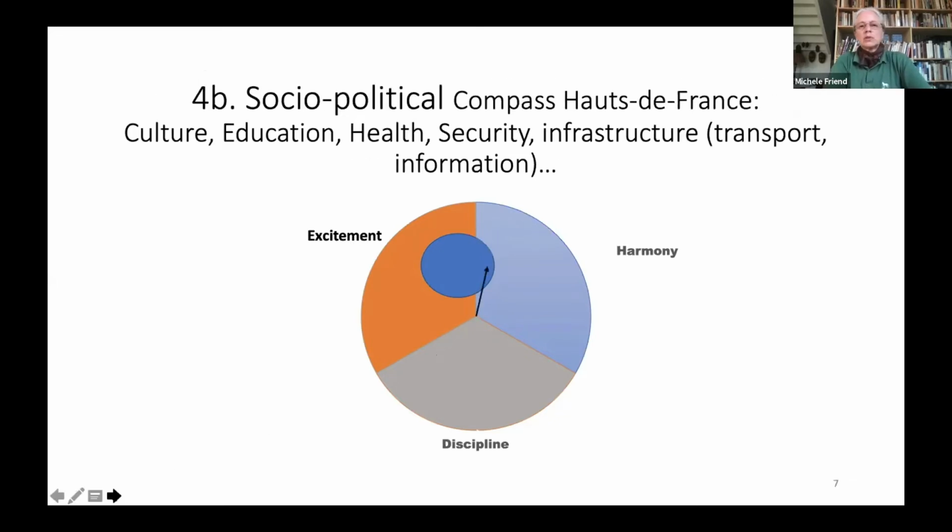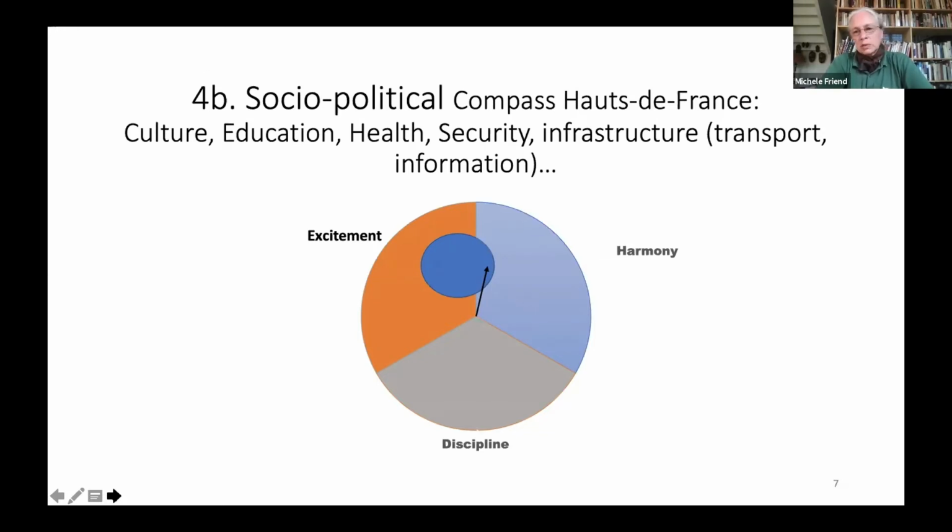We move to the sociopolitical compass, and we see a very different picture. So we found this very interesting when we were constructing the compass, that the three different ideas have actually very different outcomes. And we see that the arrow actually lands in the wish area, which means that sociopolitically it's not too bad.